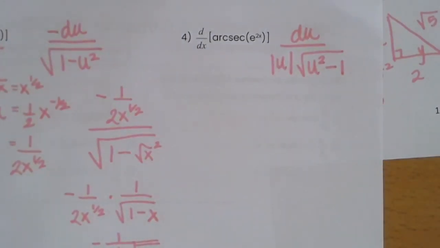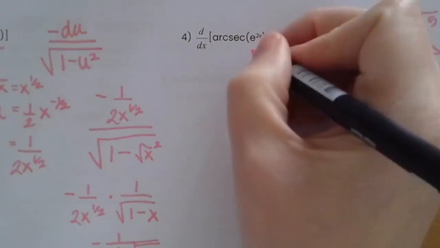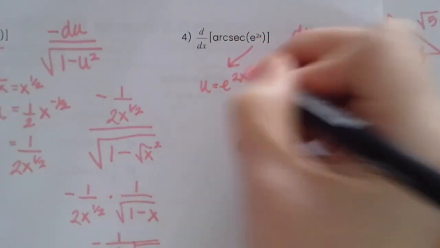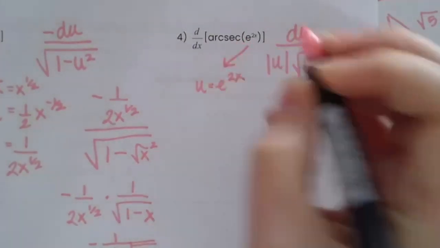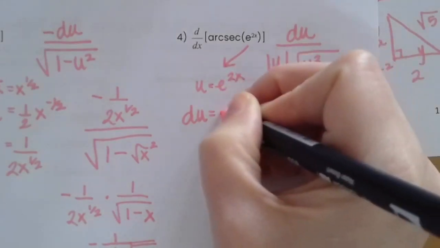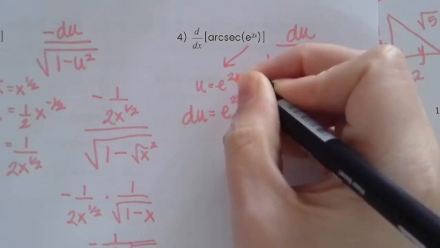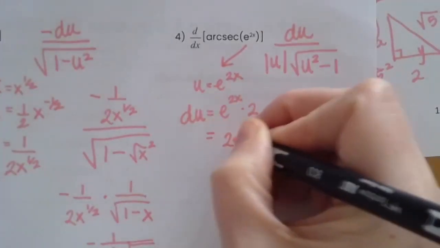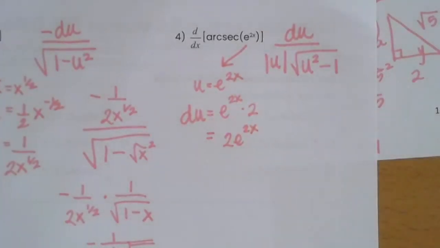My u is e to the power of 2x. We know that the derivative of e to the power of 2x is pretty simple to do. We're going to go e to the power of 2x times the derivative of that power, which is just 2. So the derivative is 2e to the power of 2x.